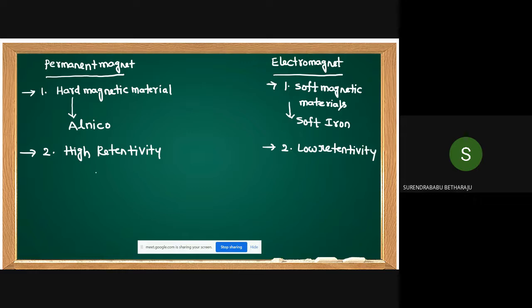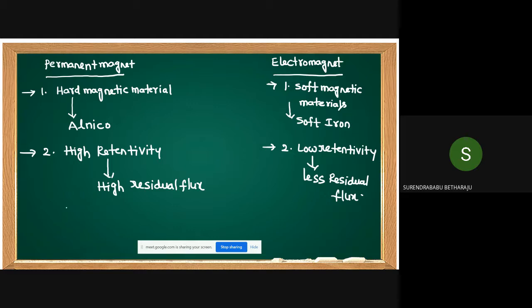Because of high retentivity, these magnets have high residual flux. Because of the retentivity property only we can get the residual flux. These other magnets have less residual flux. Okay, these are the minimum differences between the hard and soft magnets.